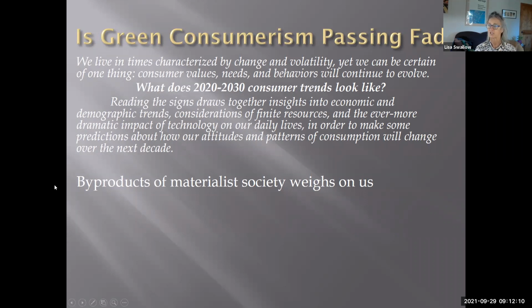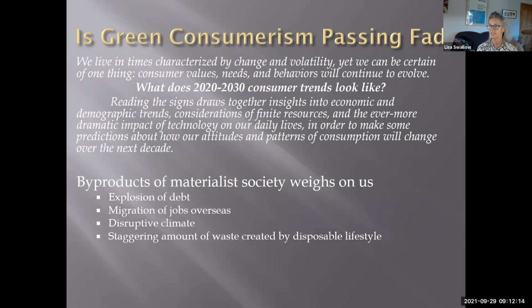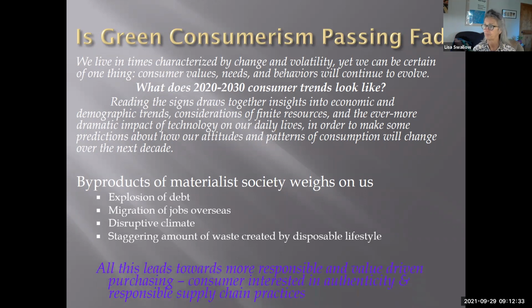There's the tremendous amount of waste that's generated, the explosion of debt, the climate. We have got to get off this cradle-to-grave consumption hamster wheel we're on. And I'm going to align my purchasing behavior with that.